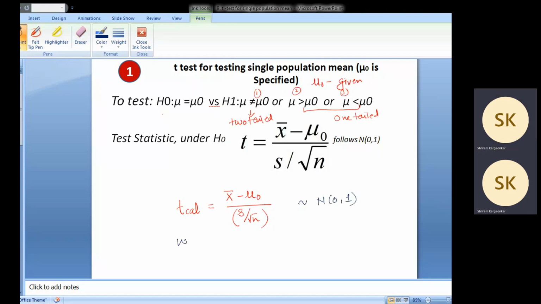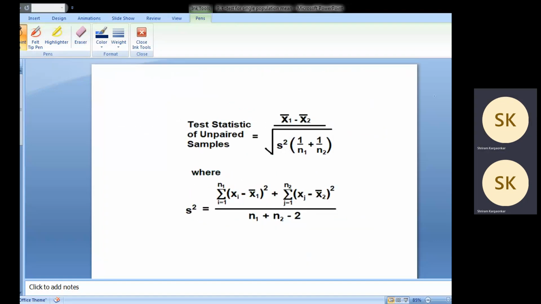One term is new there: the sample mean square. This is a very important term in the statistic, so we have to understand it. It is summation of xi minus x bar whole square upon n minus 1. So in the sample mean square, there is one observation less.